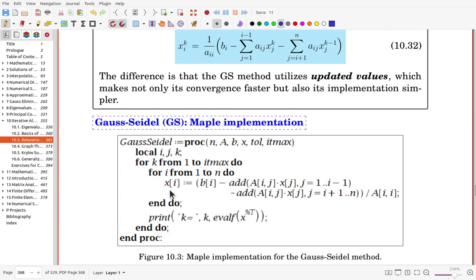And then in the next line, it will be used, so the updated value will automatically be used. This implementation is simpler. And because the updated values are used, in reality, convergence will be faster.